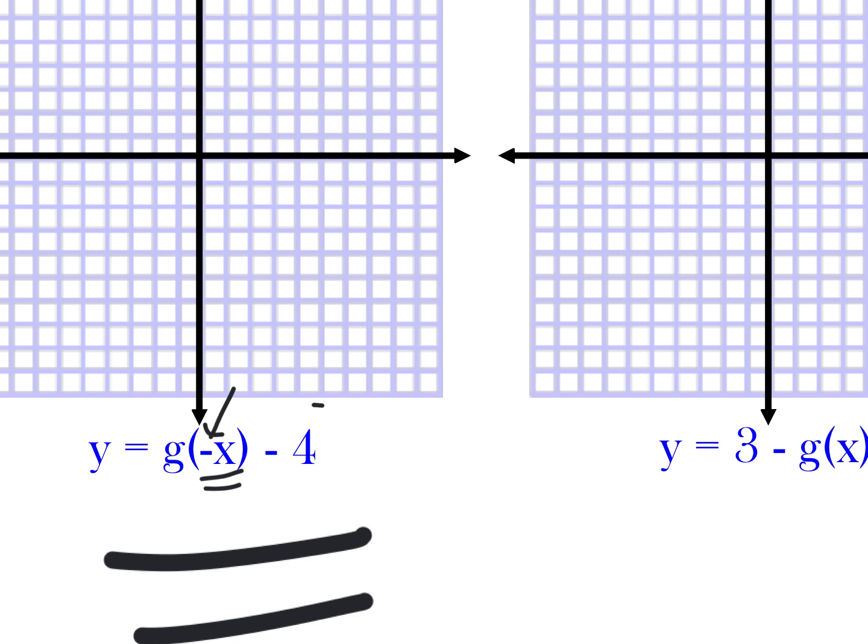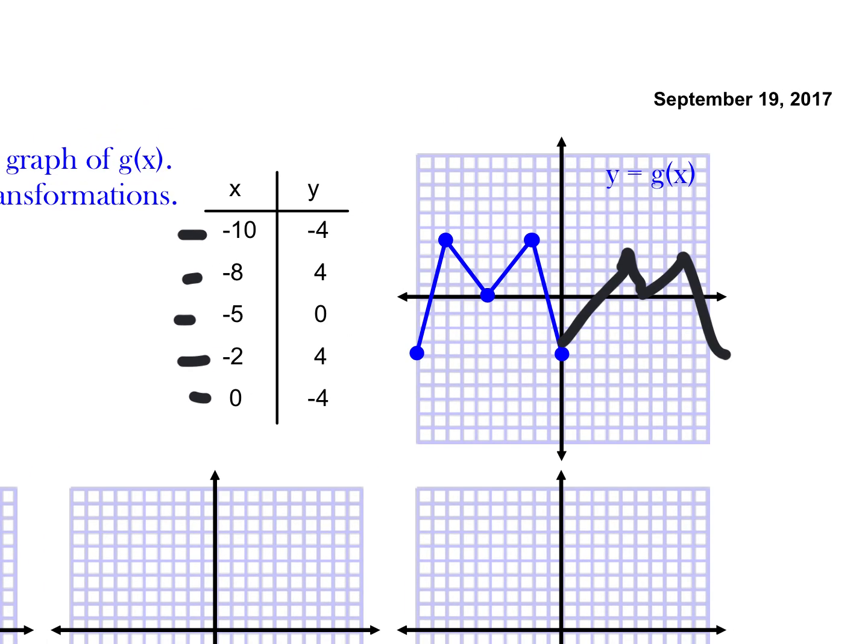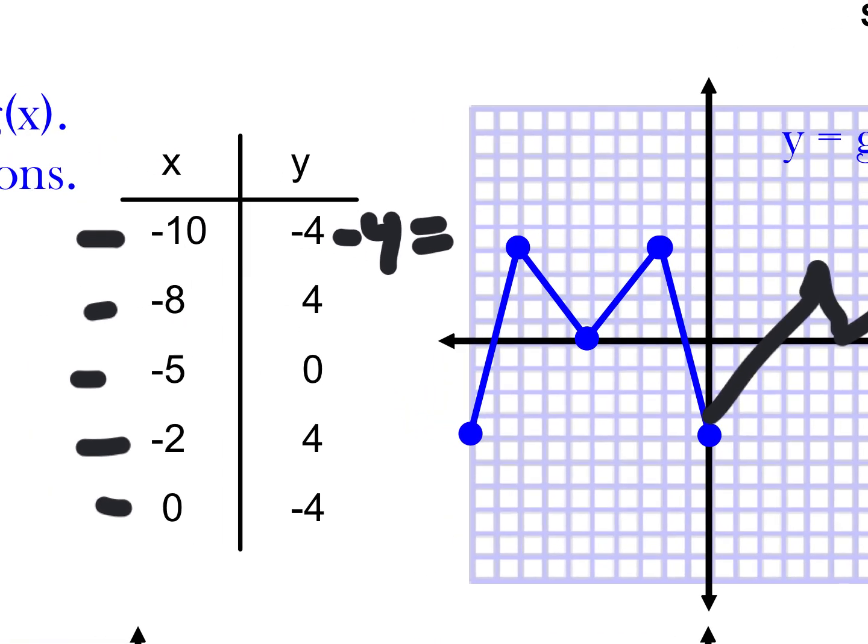Okay, how about this down 4? Which do you think that affects, the x's or the y's? The y's. And can you trust it? Yes, it seems like you subtract 4, and you do subtract 4. So now I'm going to subtract 4 from all of these. I'm going to have to zoom in a little bit. -4 minus 4 is -8.